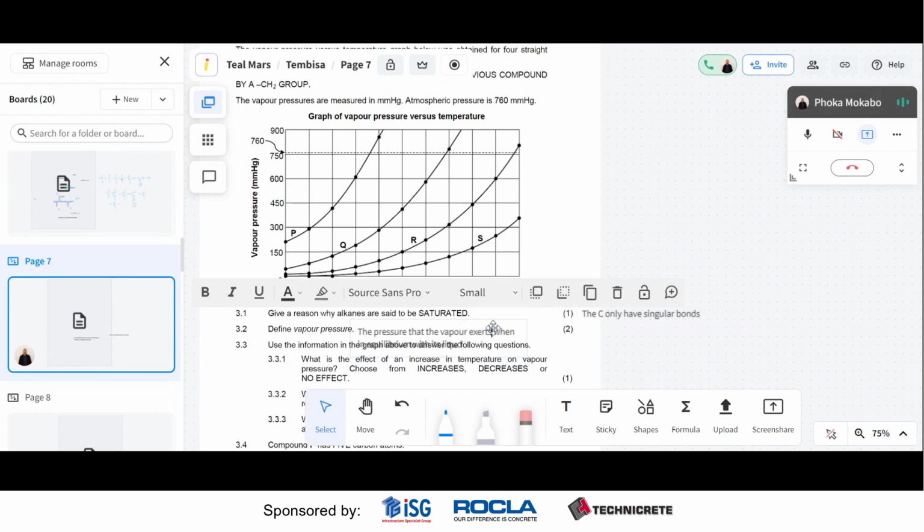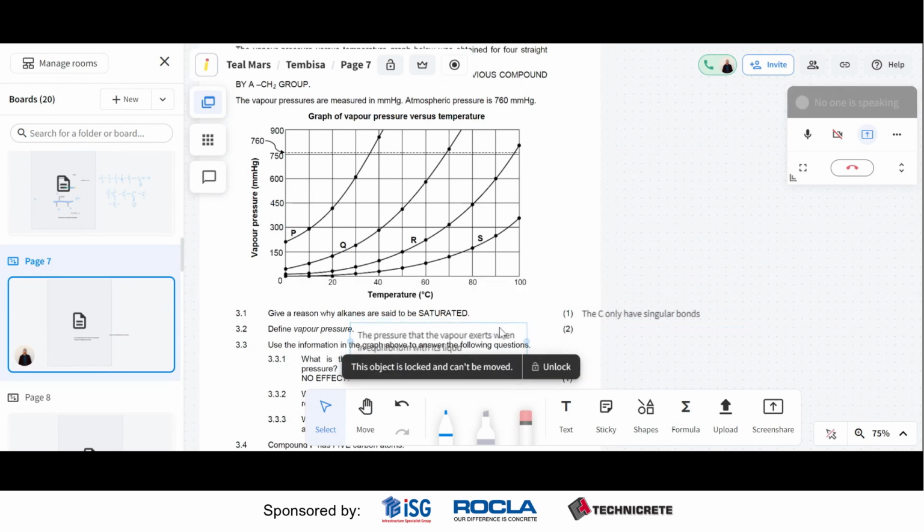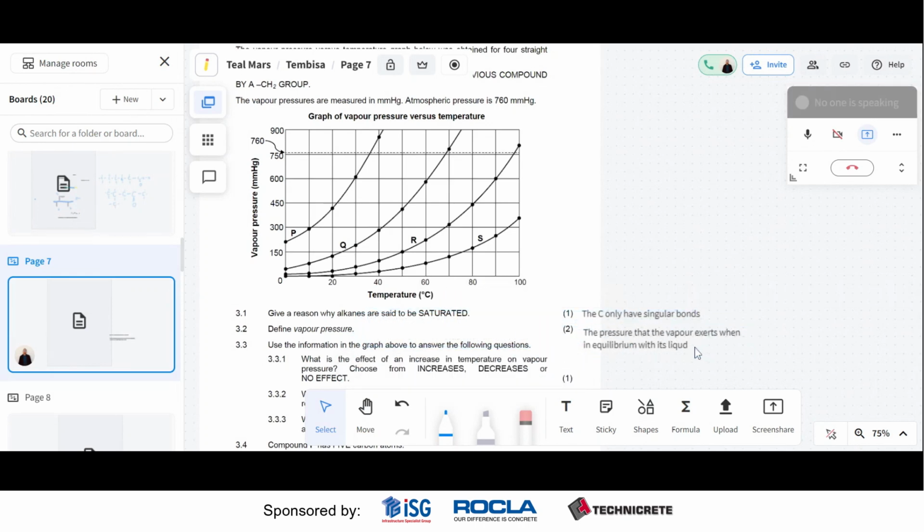Let's just move that so you can see it a bit properly. There we go. Glad I still remember that.